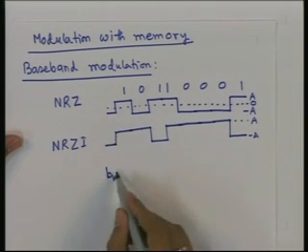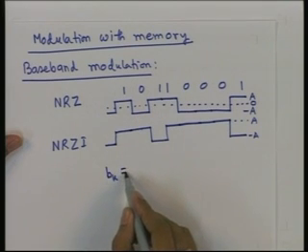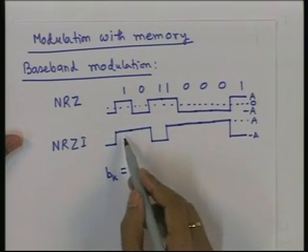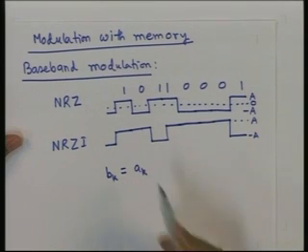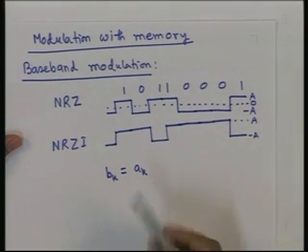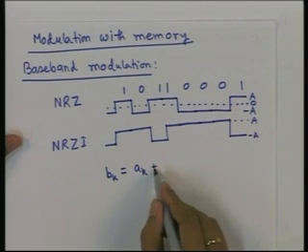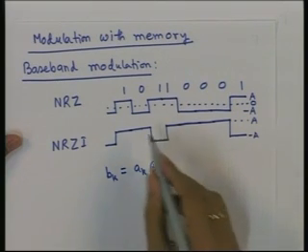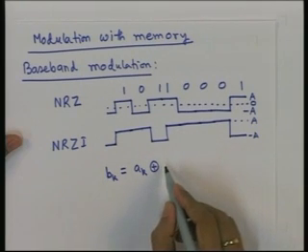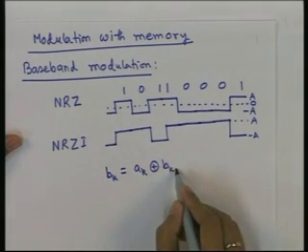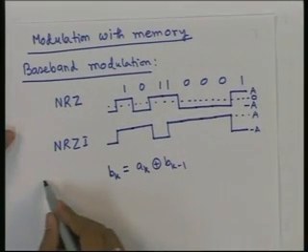Then the transmitted bit Bk is the XOR of Ak, the kth information bit, which is the input, with the previous bit that we transmitted, Bk minus 1. This is called differential encoding.